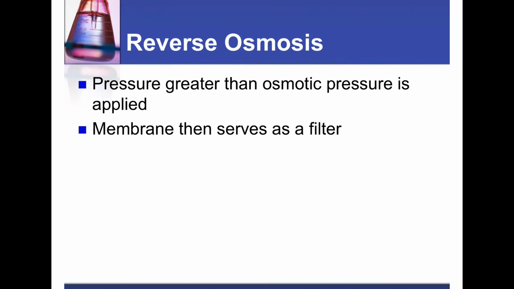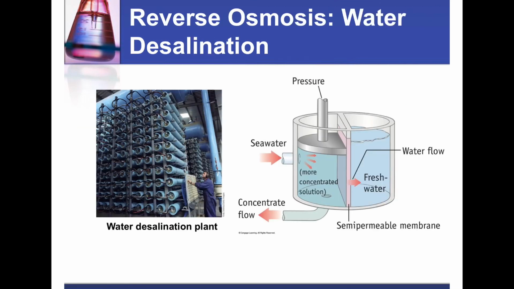So when we do reverse osmosis, we apply a pressure greater than the osmotic pressure, and at that point the membrane just serves as a filter. When we do this in real life, reverse osmosis looks something like this. They take seawater and pump it into a tank. They put it up against a semi-permeable membrane, okay?